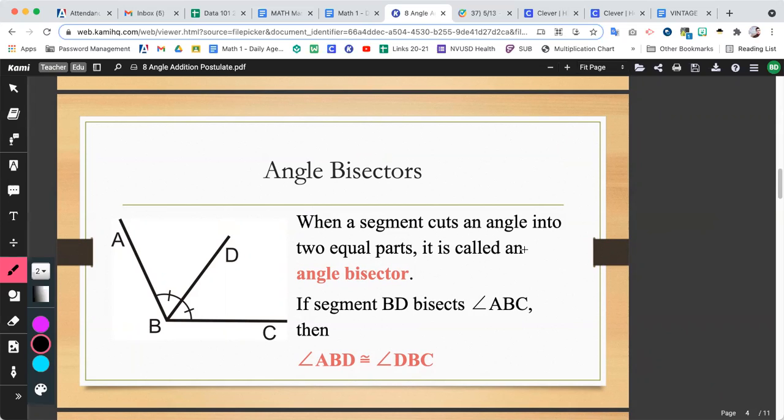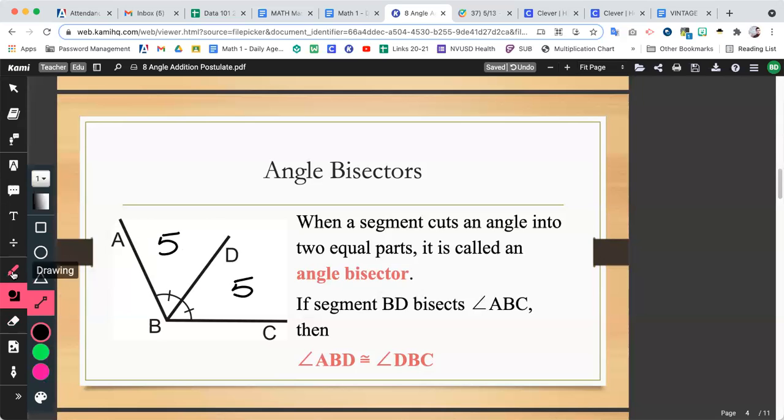So an angle bisector is just saying that it's literally cutting the angle in half. There's two ways we can approach this. The first way is saying if DB is the angle bisector, it means that it cuts the angle in half. So if this is 5, what does the other half have to be? It has to be 5 because this is cutting it in half. So they have to be equal to one another.